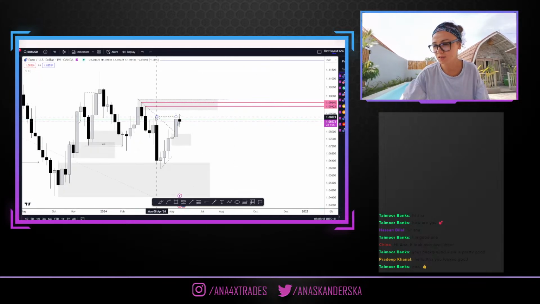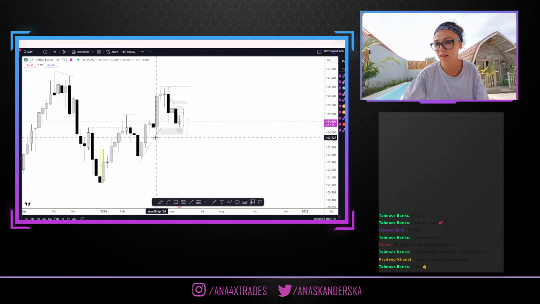So this is the last lower high that created the lower low on Euro, and this lower high has been already liquidated, but DXY did not liquidate the higher low that created the higher high. So this is creating an SMT divergence. And what does an SMT divergence mean?